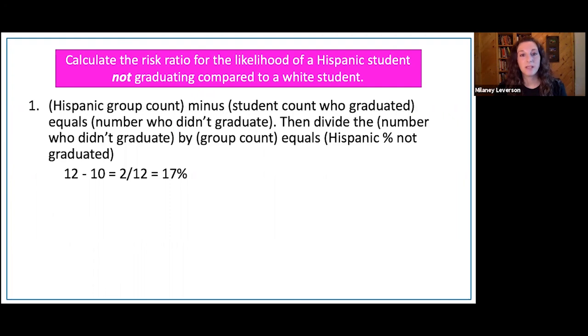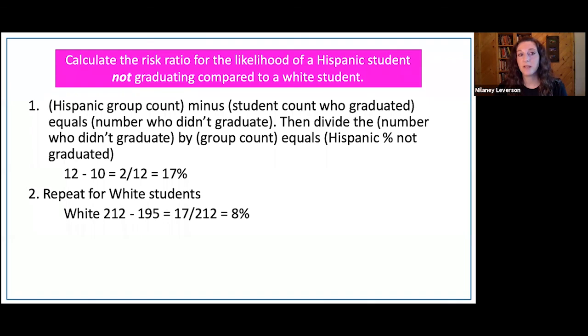So that would be 12 minus 10, I'm sorry, in the case of our example data, equaling 2. And then we would divide that 2 by the overall group of 12 and get 17%. So that first percentage for our numerator is 17%.